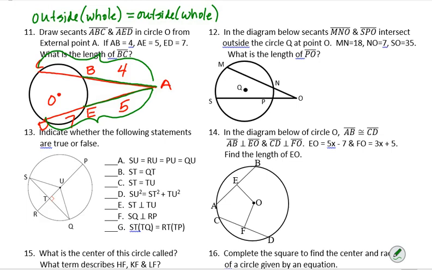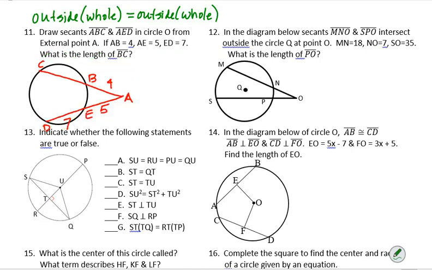And do I have room to work this? Let's see if I can. So outside is 4 up here. The whole thing is 4 plus CB. And then I'm going to set that equal to, actually, you know what, y'all, I need some more room. So let me pause this and redraw it.